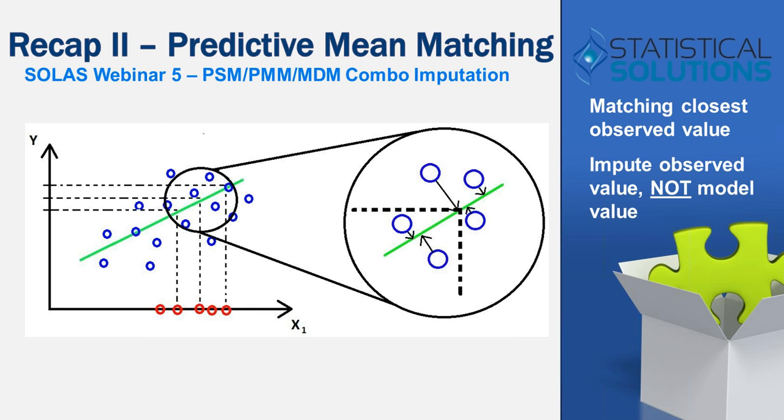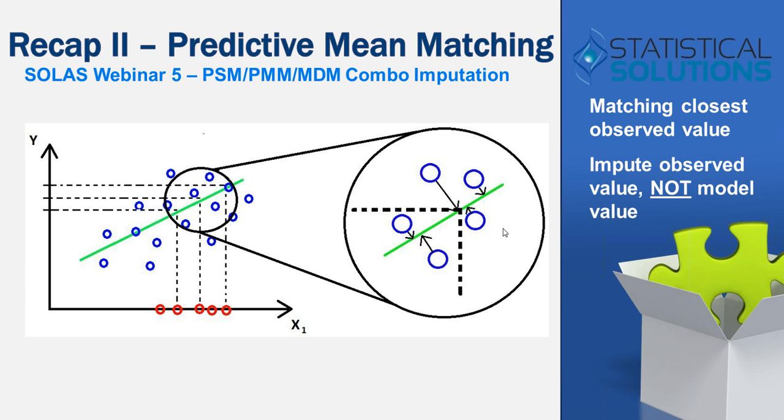So just to zoom in on that plot I just showed you, we match the closest observed values by projecting all the observed values onto the linear regression line. As you can see here, if we project a missing value up onto the line and we project all the observed values onto that line, we take the closest observed values to that missing value, and we impute the corresponding observed values.